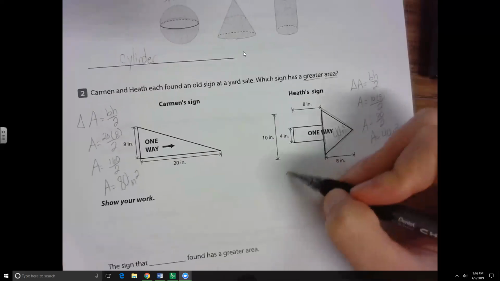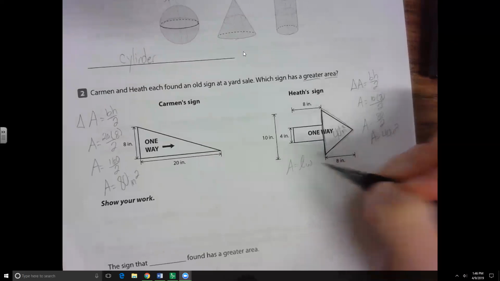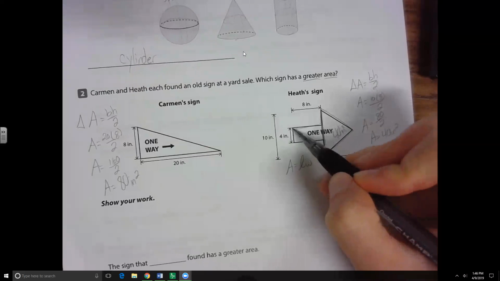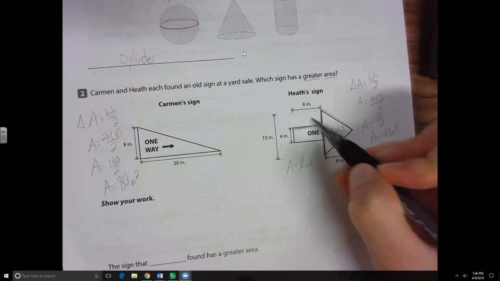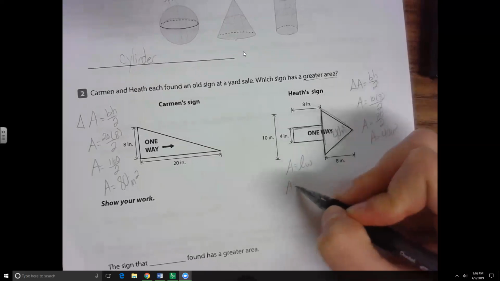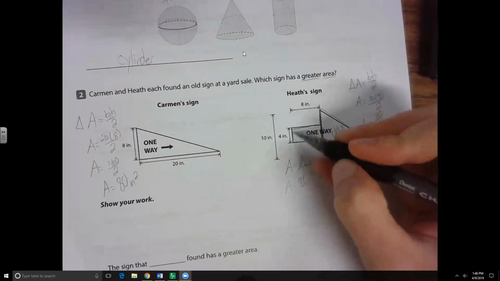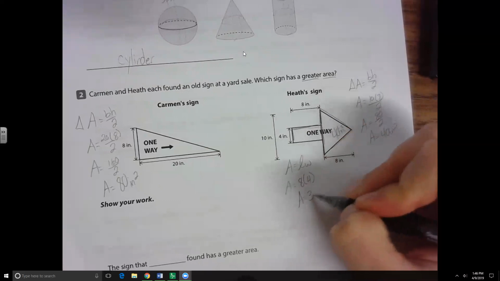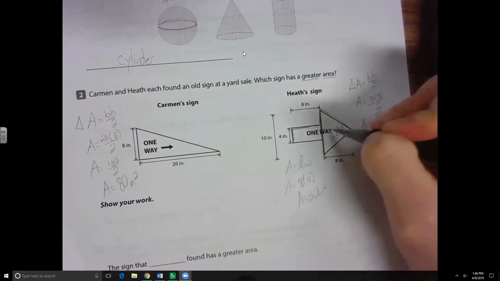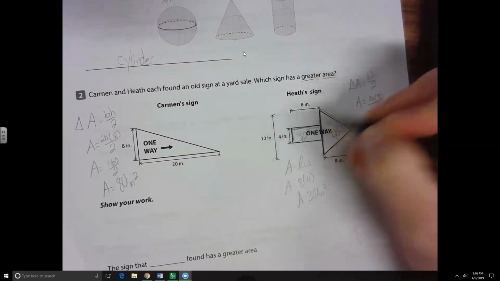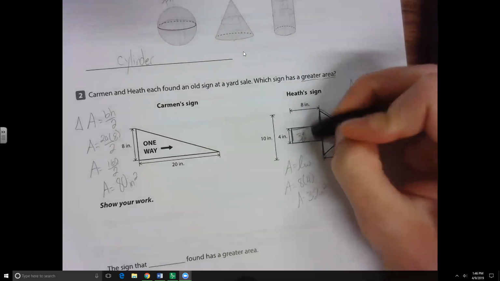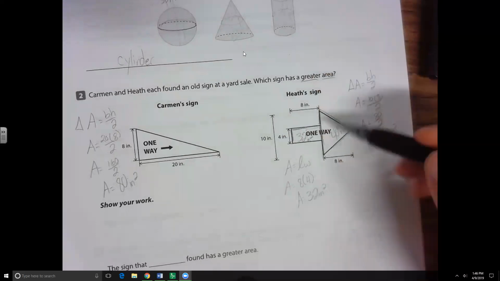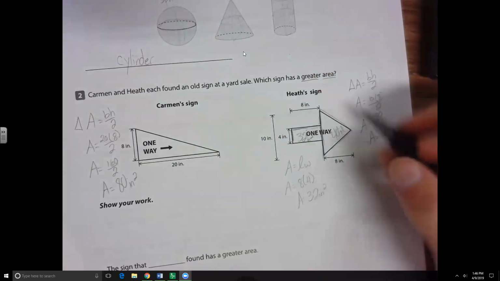The square, or the rectangle here, the area is length times width. The length of this rectangle is from here to here, and that is 8 inches. And the width is this side, which is 4 inches. And 8 times 4 is 32 inches squared. So to find the total area of heat sine, I need to add these two together.